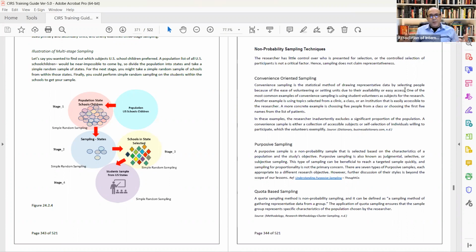There is no specific criteria to it. It's not random, it's just selective. And mainly when people are willing to volunteer, or if your research is such that a lot of times you have to give some incentive, like stay after class for 2 hours, 3 days a week, and we'd give you 2 days off, or a coupon, a voucher, or something. So that is convenience-oriented sampling.